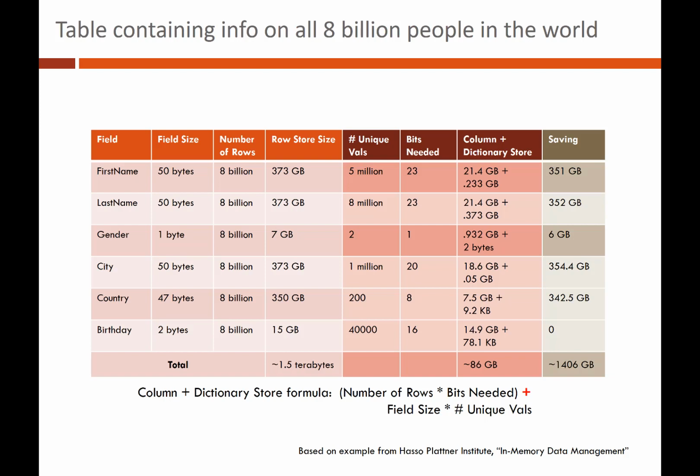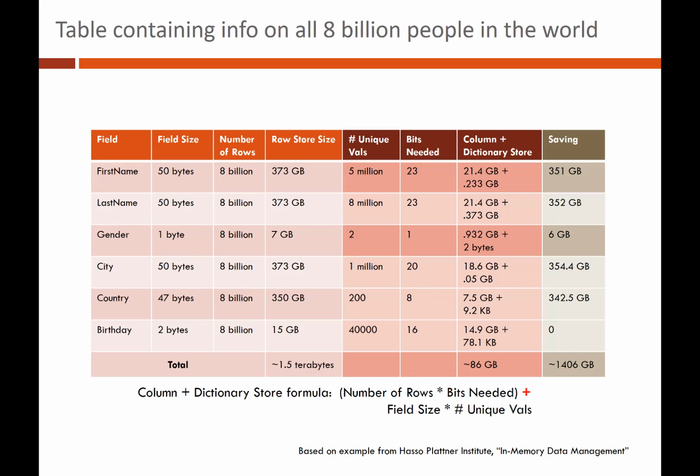Gender. We only need 1 byte for gender, okay? Now, that's something that might change in database design in the future, but right now, traditionally, you allocate 1 byte for gender. 8 billion people, that's 7 gigabytes. City. Some cities have really long names, 50 bytes for city, so we got another 373 gigabytes. Country, I don't know why, I guess just to make the math look a little bit different, they decided that countries are only going to have 47 letters in it, so that's 350 gigabytes.